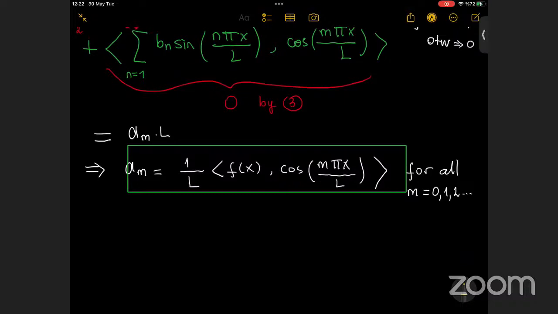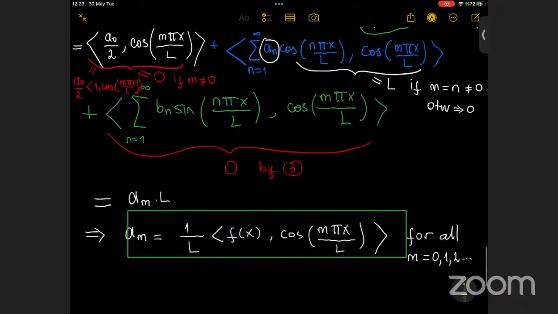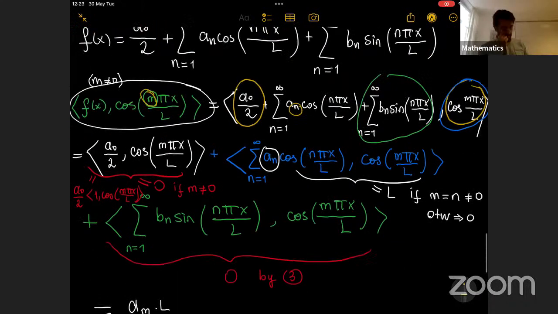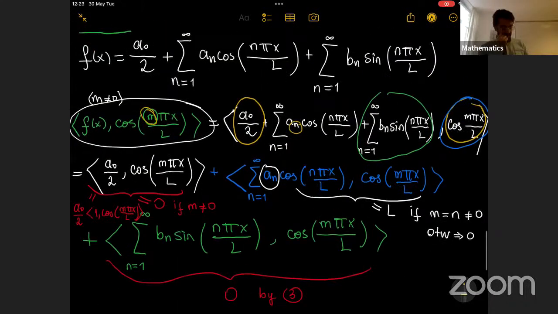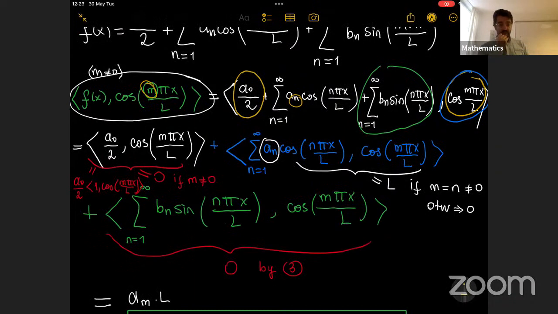Yeah, I got it, Hocam. Also, I wanted to ask why at the end we write 1 divided by L times f of x. I didn't get where this part comes from. The last one in the box. Yes, 1 divided by L times f of x. Because remember we start with this, f of x comma cosine something, right?